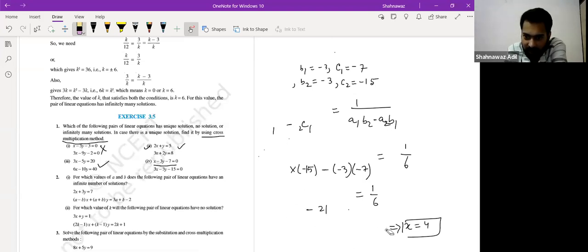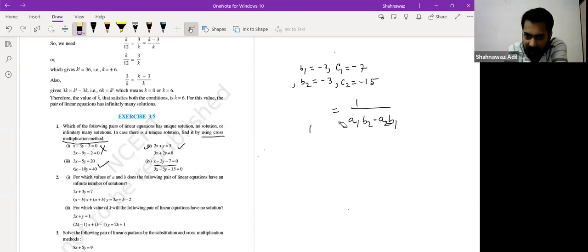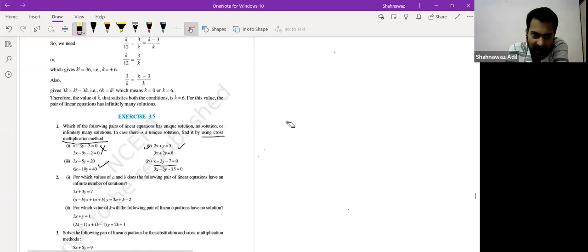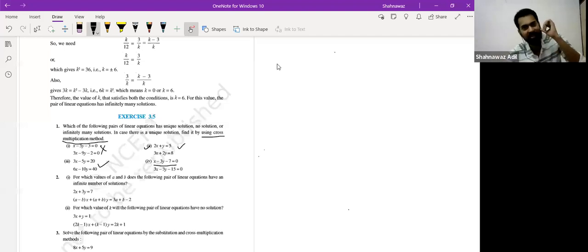Okay, so in the last part of our concept, I wrote again something, right, Rizwan? In the last concept part, I recapped a quick revision of something: the ratios of the coefficients, right?